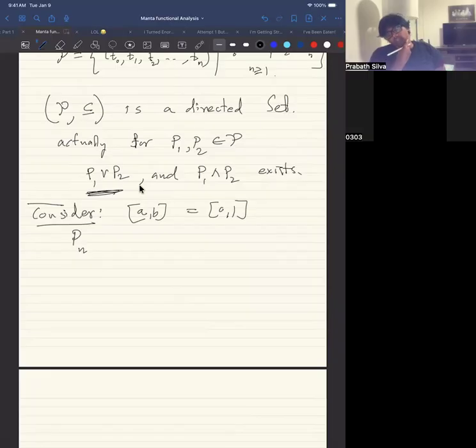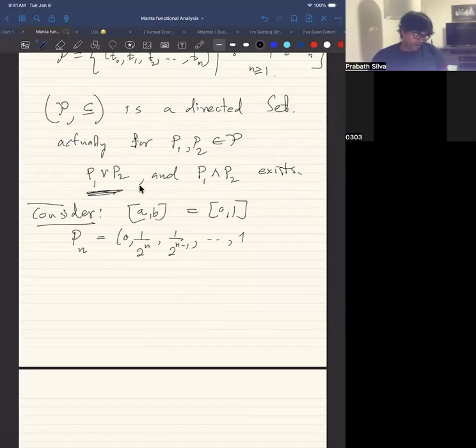Let's take Pn to be this set: start at 0, go 1 over 2 to the n, 1 over 2 to the n minus 1, dot dot dot, 1.